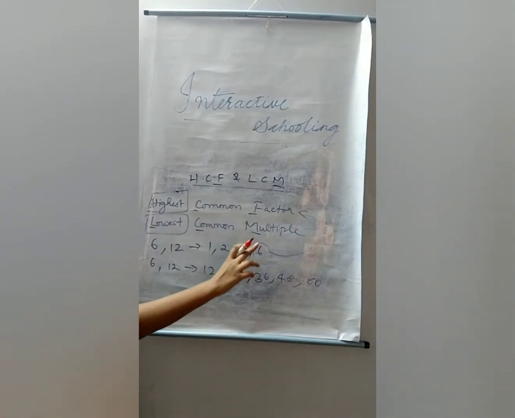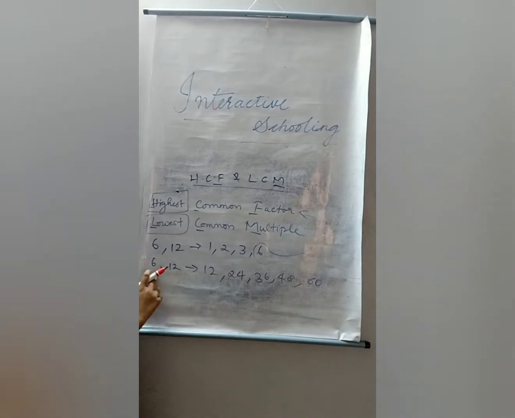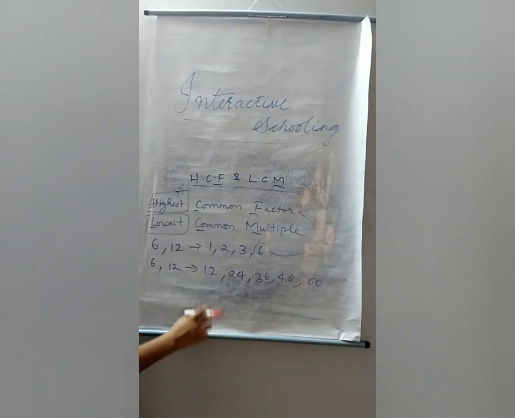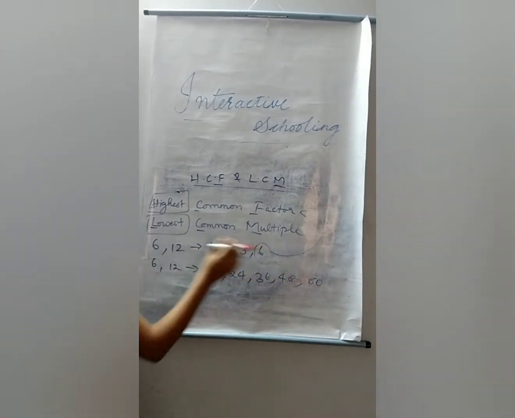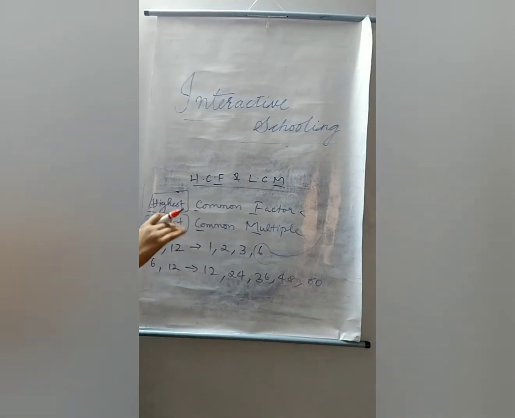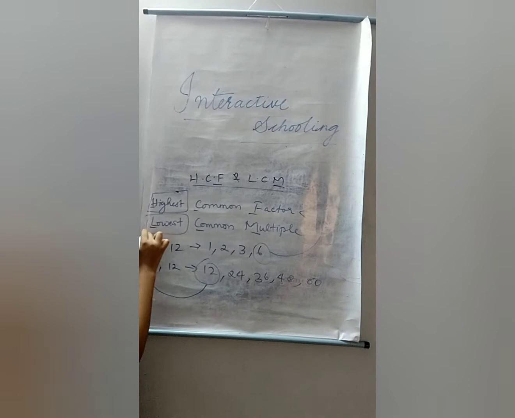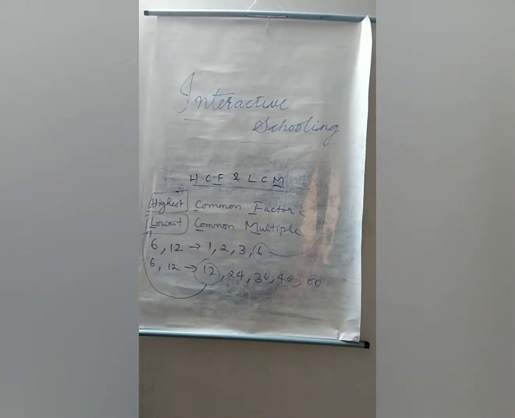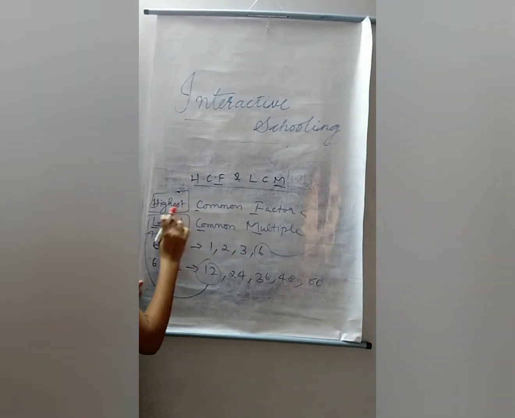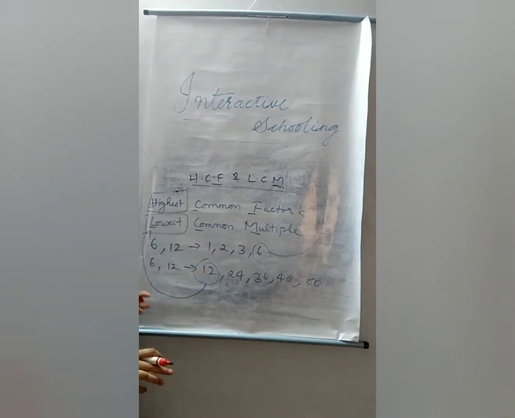It's of the greatest value. And for 6 and 12, the common multiples are 12, 24, 36, 48, 60. We have to find the one which has the lowest value. Here we have 12, the lowest common multiple. So this is highest common factor and lowest common multiple. I hope you understood that.